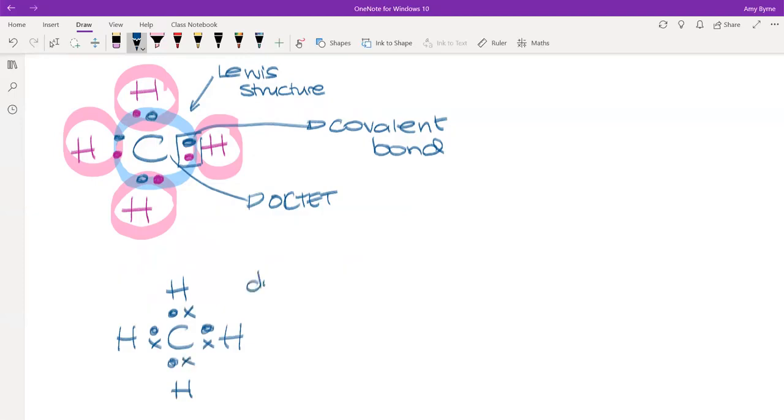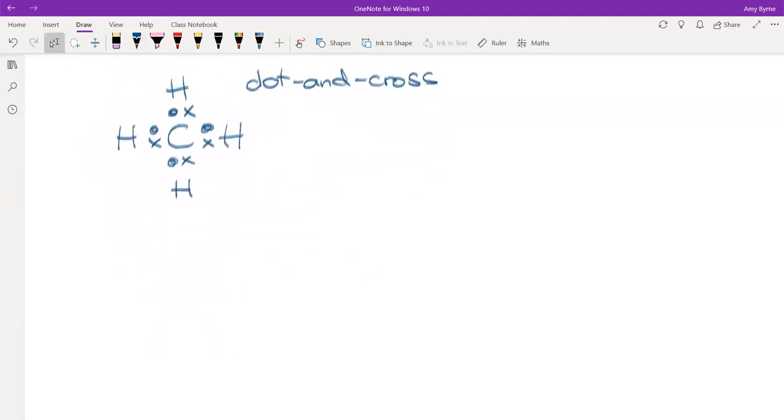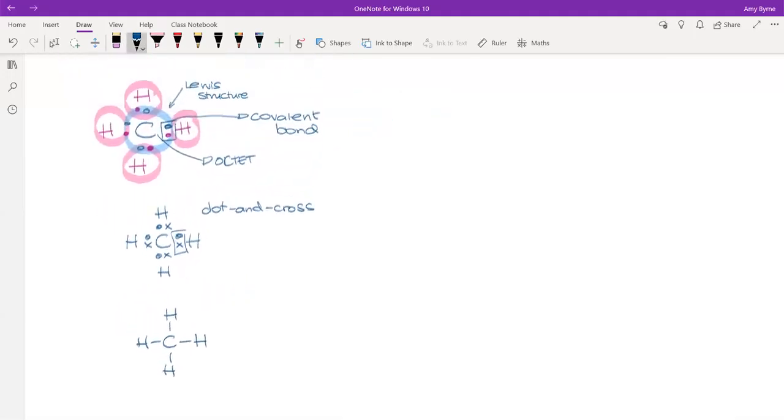Another way we can show it is by using lines. So for a pair of electrons that's shared, we can replace it with a line. So this is a form that you might be familiar with. All of these diagrams are showing the exact same molecule, which in this case is methane.